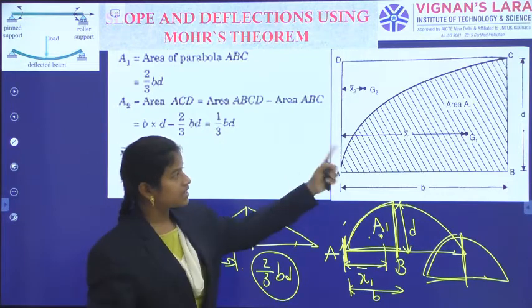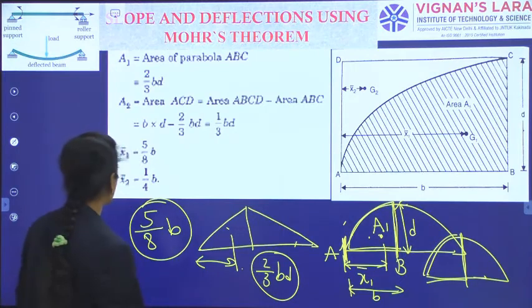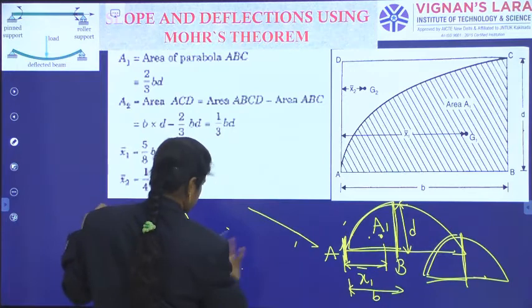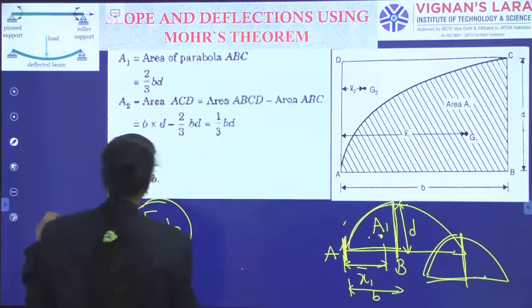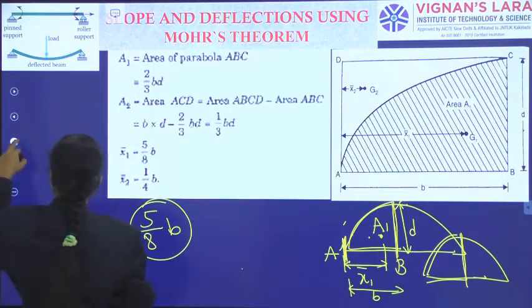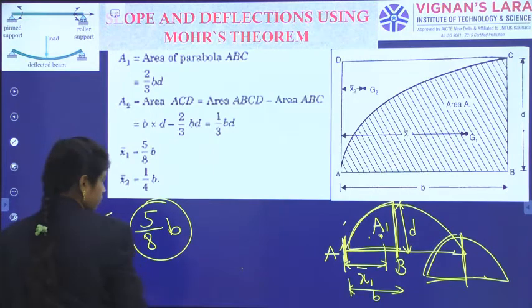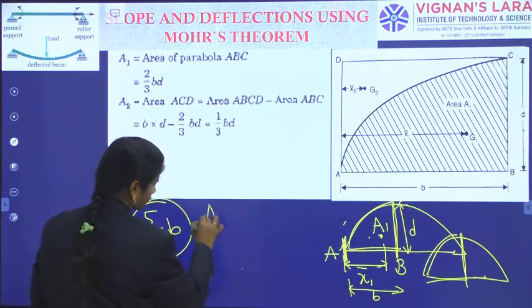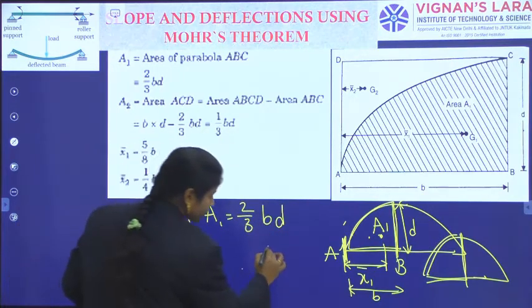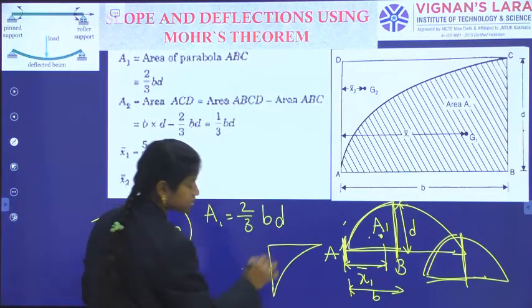So, that x1 is 5/8 of B. And also, when you observe any cantilever beam with a UDL over the entire length, you can observe this shape.